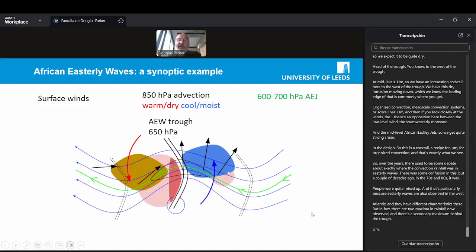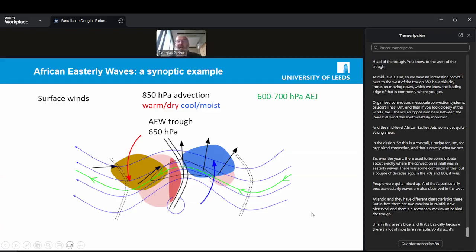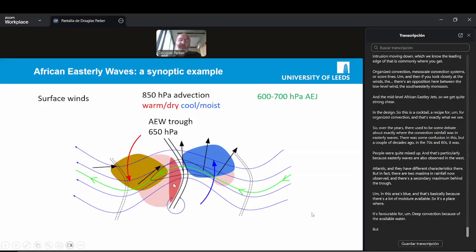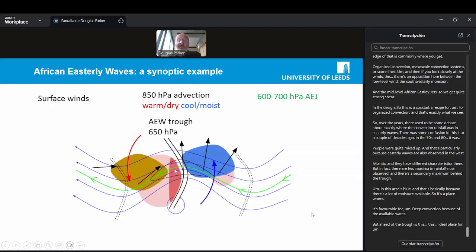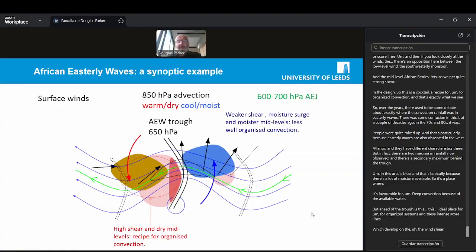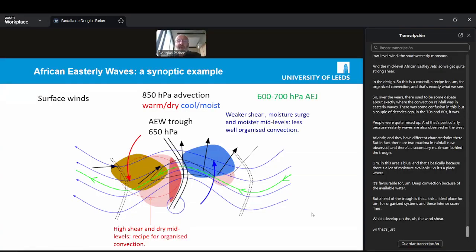In this area, it's blue, and that's basically because there's a lot of moisture available. So it's a place where it's favourable for deep convection because of the available water. But ahead of the trough is this ideal place for organised systems and these intense squall lines, which develop on the wind shear. So that's just noted here.